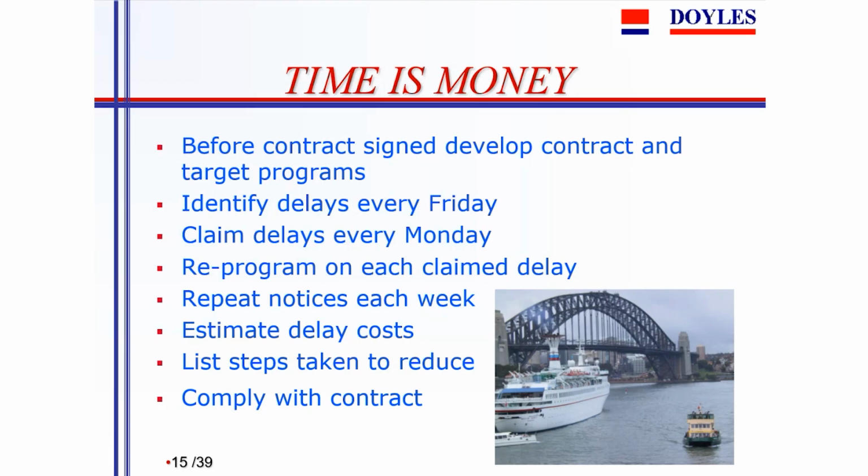And this gives you a better assessment on whether or not you'll reach practical completion at the right time than the contract program, which can often be in a state of flux depending on the interpretations and the assessments of the superintendent. The other aspect is you've got to keep on top of the program. That is, you've got to identify delays every Friday.